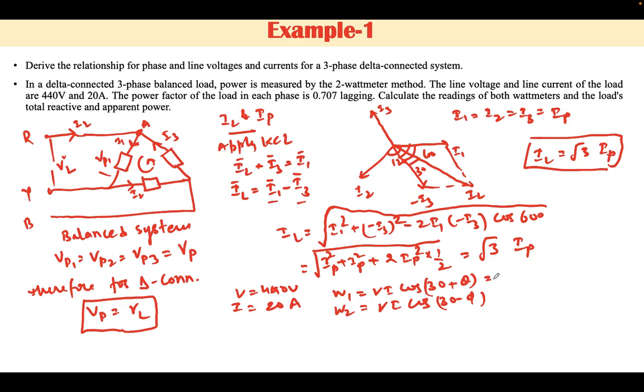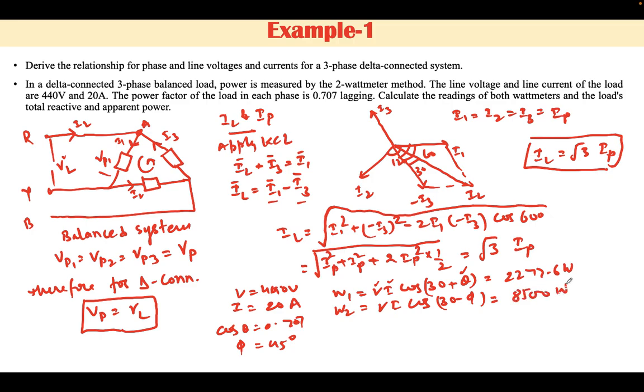Here cos of theta is given as 0.707 and phi is equal to 45 degrees. Putting all these values, V is 440, I is 20, phi is 45, W1 will be equal to 2277.6 watt, and W2 will be equal to 8500 watt.